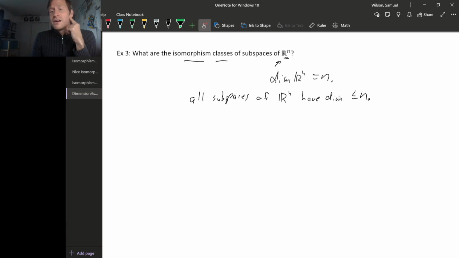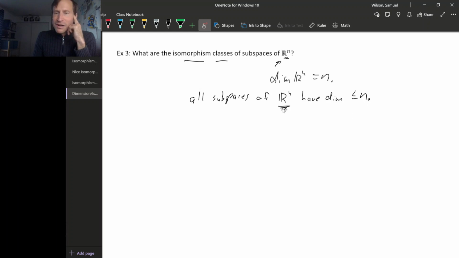We know this because we know that in Rn there can be no more than n linearly independent vectors. So no basis for a subspace can have more than n vectors in it. All right, so the only possibilities for dimensions of subspaces are less than or equal to n. I guess we have to check, are all possibilities less than n represented?